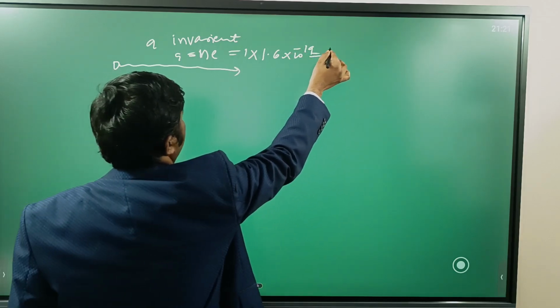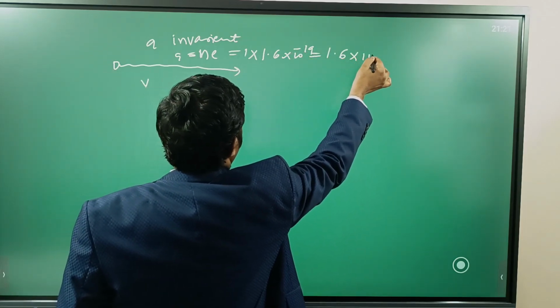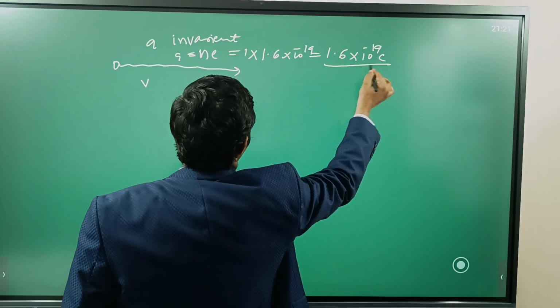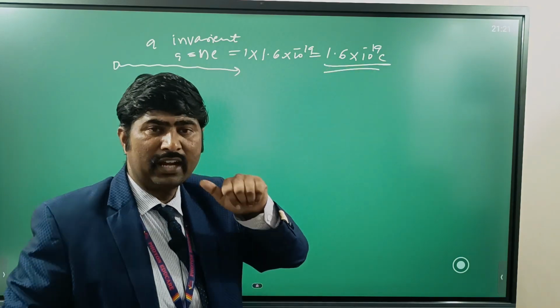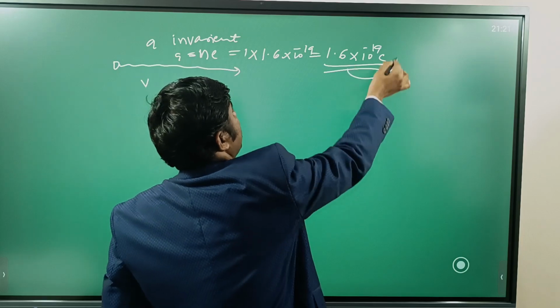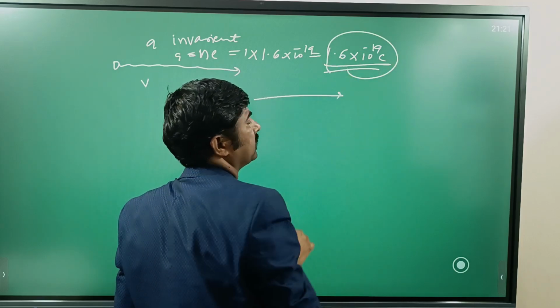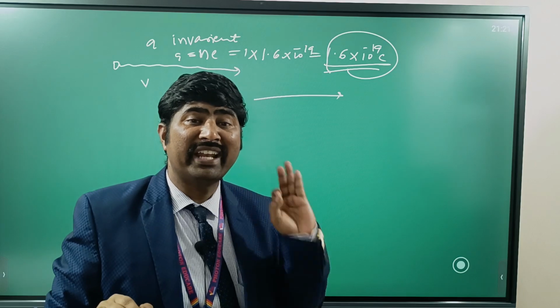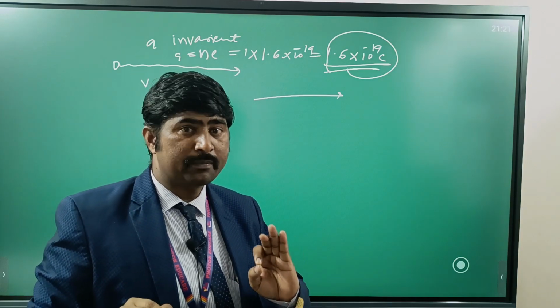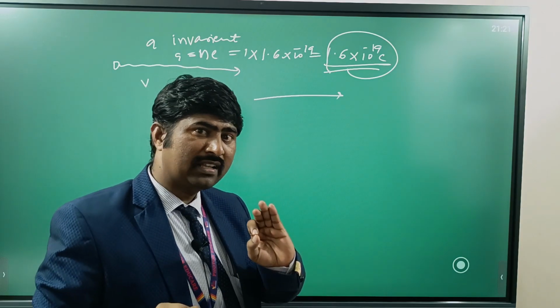This is the charge on a single electron. So this value won't change when it is moving with certain velocity. That is why we say charges are invariant with respect to speed.